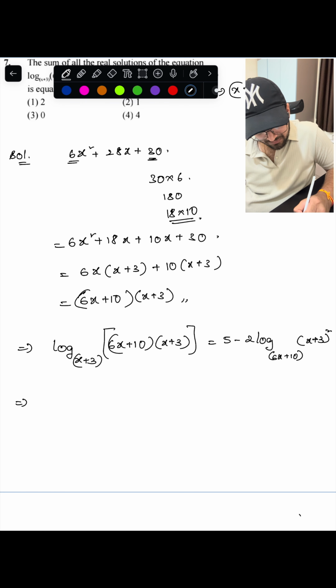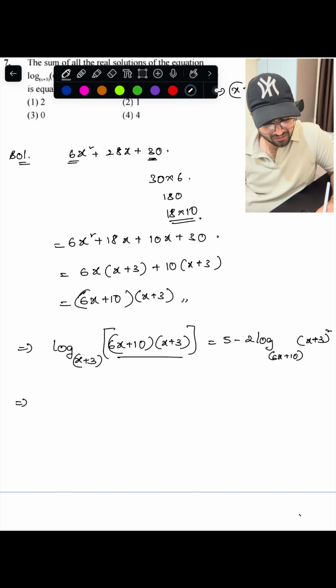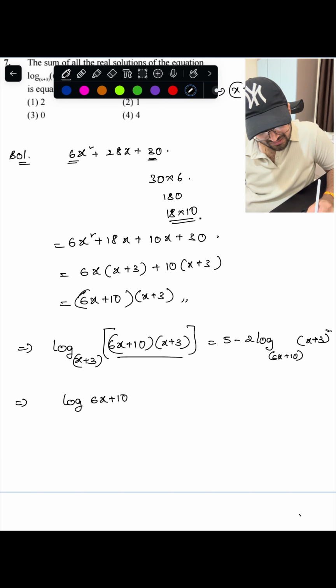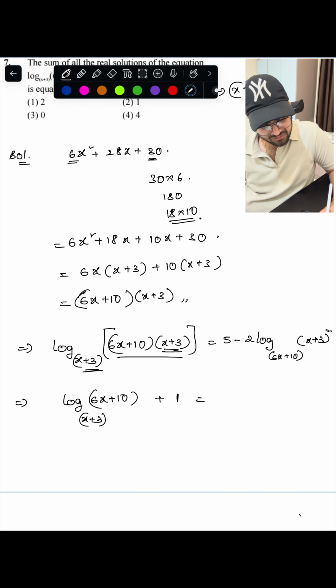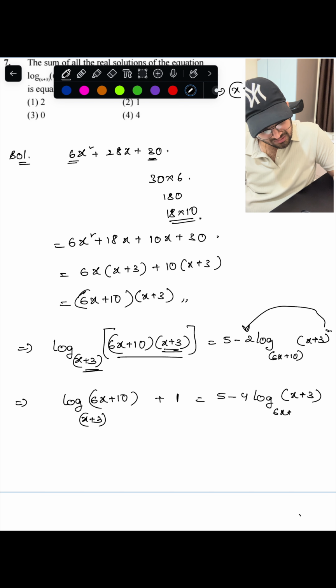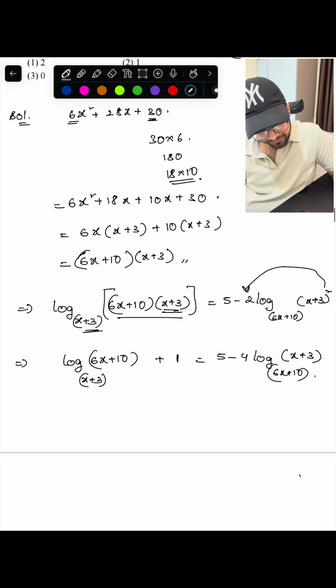Okay, so now if I separate it out, log AB I can write as log A plus log B. So log of 6x plus 10 to the base x plus 3 plus log x plus 3 to the base x plus 3, that means 1, equals 5 minus, I can take this power 2 to this here, 4 log of x plus 3 to the base 6x plus 10, right?